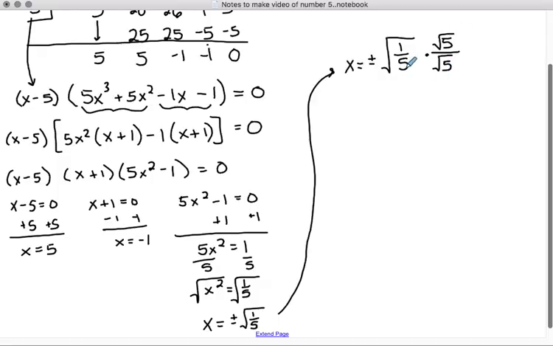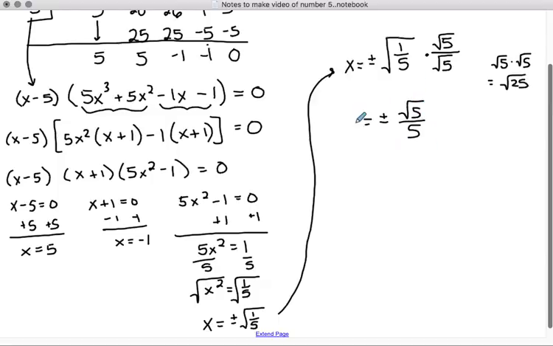So if I multiply the square root of 5 by the square root of 5, I, of course, get 5. Because the square root of 5 times the square root of 5 is the square root of 25, and the square root of 25 is 5. And then the top, I've got the square root of 1 times the square root of 5, which is just the square root of 1 times 5, or the square root of 5.